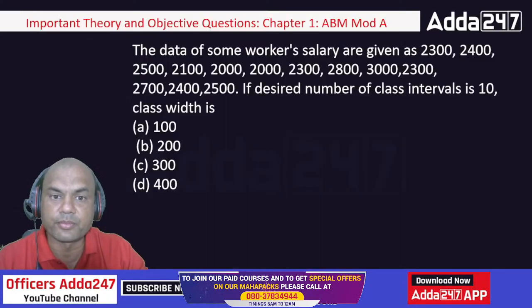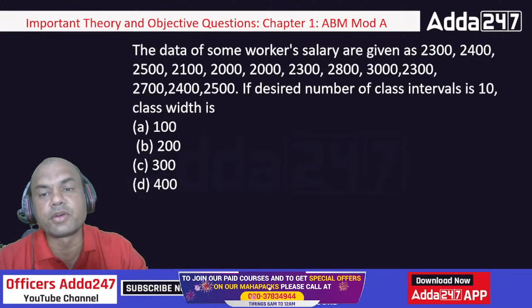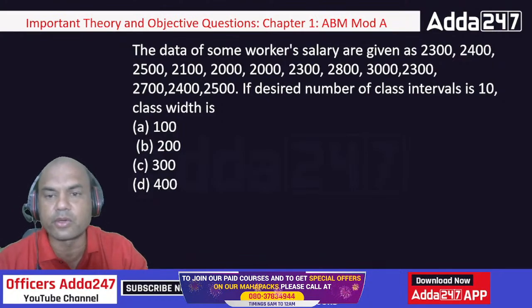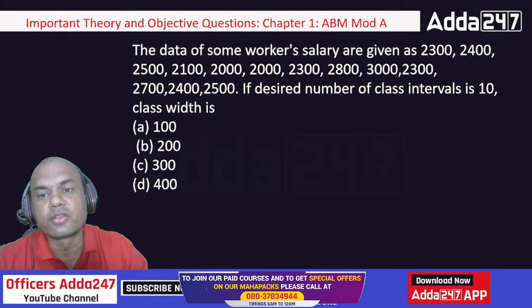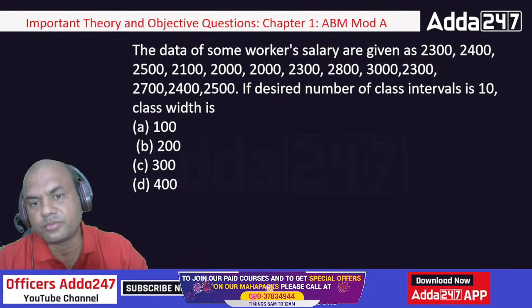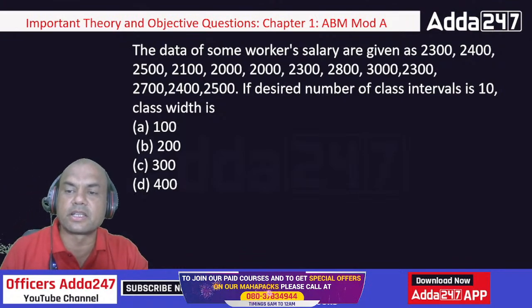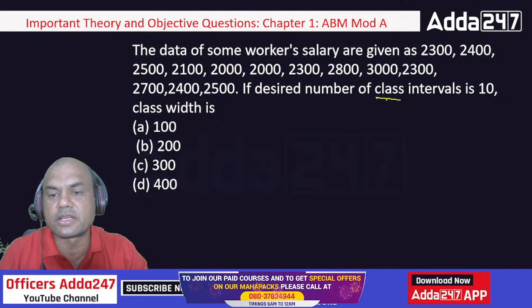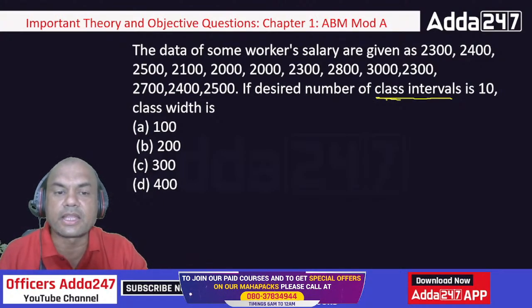The data of some of the workers' salary are given as 2300, 2400, 2500, and so on. You can read this. So all the numbers are given. If the desired number of class intervals is 10, now look at this. The desired number of class intervals is 10 over here. So in that case, the class width is what?